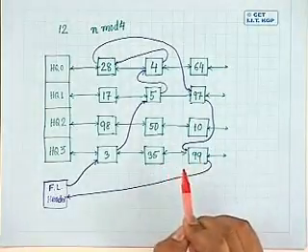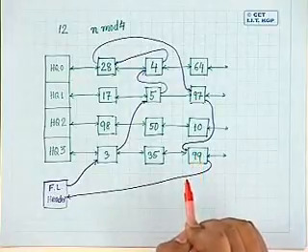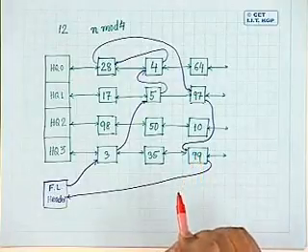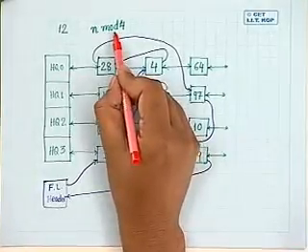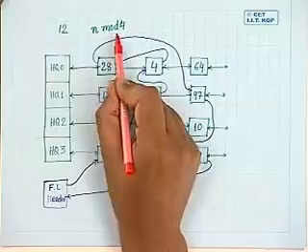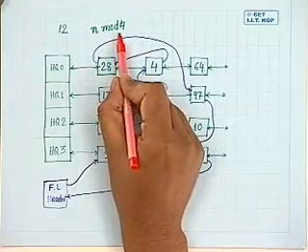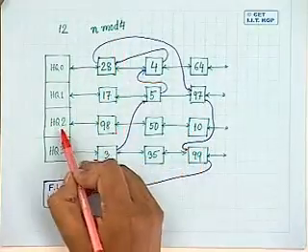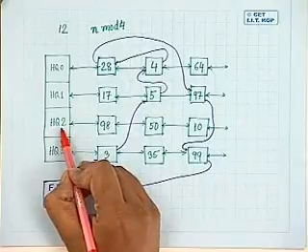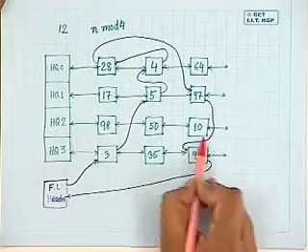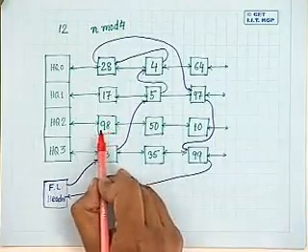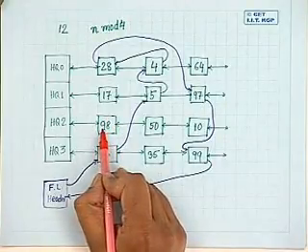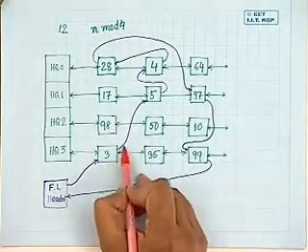Now in this situation, if a process puts a request for, say, block number 98, immediately 98 mod 4 will be computed. After computation of this mod function, you find that block number 98 should belong to hash queue 2. So the kernel checks hash queue 2, and here it finds that block number 98 is present in the hash queue. But it is not present in the free list.